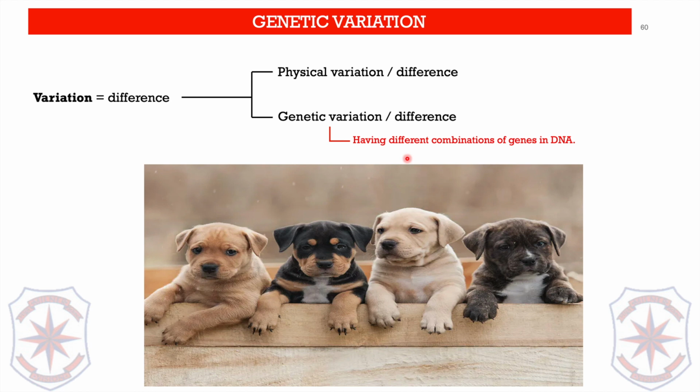It might express being light skinned, or it might express being more darker skinned. We have a gene for foot size, for example. One might have a larger foot and the other person might have a smaller foot. We have a gene for the shape of the nose. One person might have a slightly bigger nose. Another person might have a slightly smaller nose.